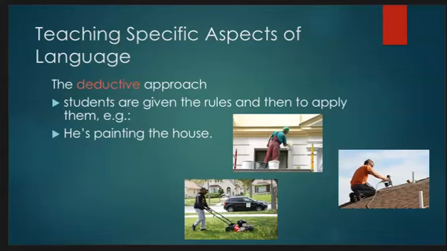He's painting the house. Students are asked to repeat the sentence, then they maybe move on to the next picture where we see he's fixing the roof, and they would follow a similar procedure with he's fixing the roof. He's fixing, he's fixing the roof, and so on.